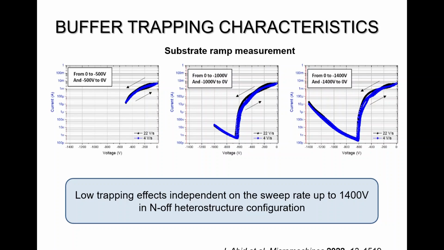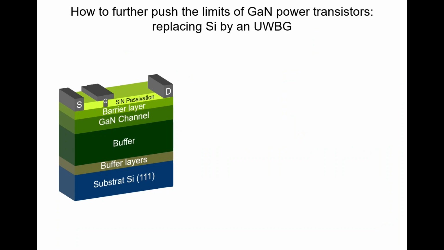We have to be very transparent here. This is not the dynamic on resistance, because at this bias you also have to control the current collapse from the surface at the technology level and use the right passivation. So this is just the buffer, but at least it shows you that the material itself can allow low trapping effects above 1 kilovolt.